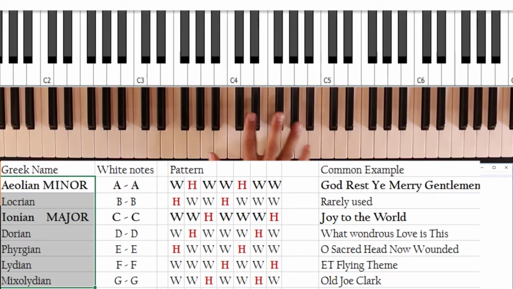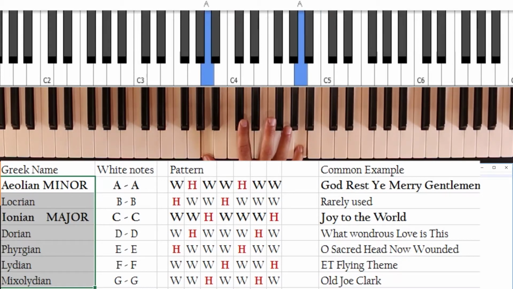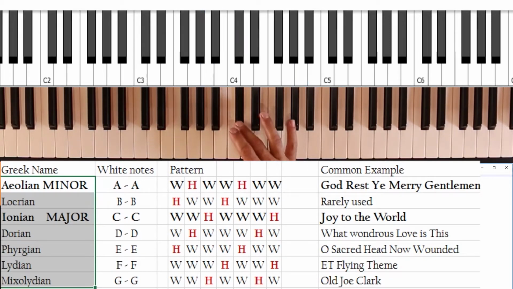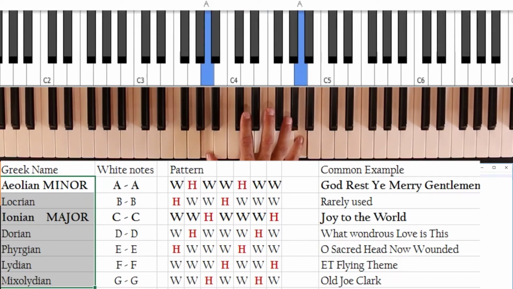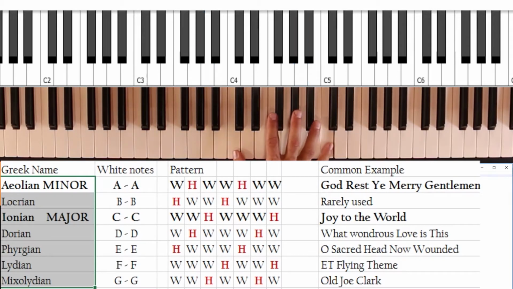What if I shifted that pattern and used the same pattern but started on a different note? For example, A. If I start here and I go whole step, half step, whole step, half step. Do you see I've created a scale that sounds just like this scale, but a little lower?